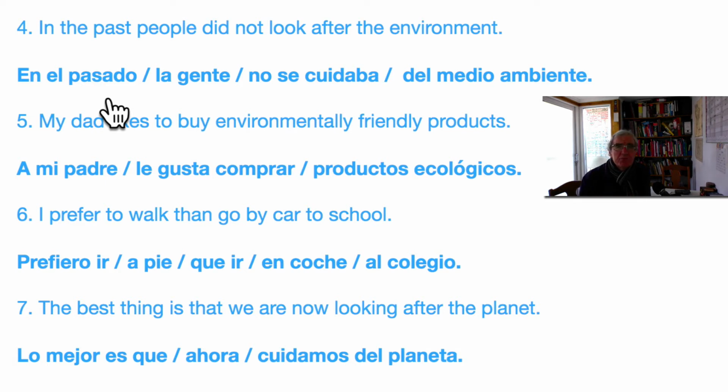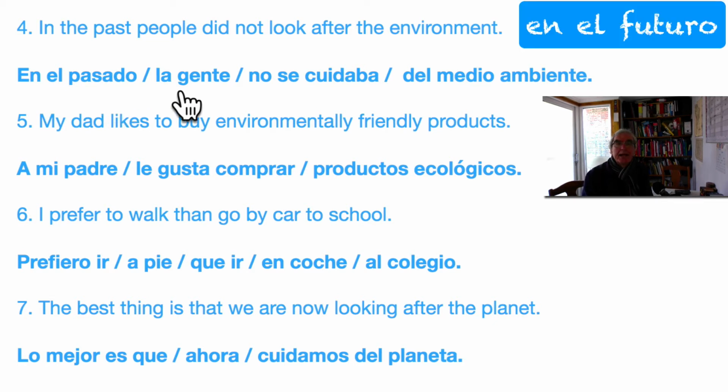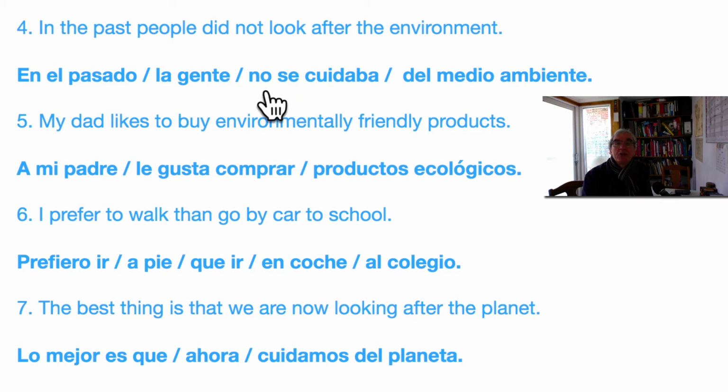In the past, en el pasado. So, what's the Spanish for in the future? There you go, en el futuro. La gente, people. We're going to say no cuidaba, did not look after. Now that is from the verb cuidar, and it's in the imperfect tense.